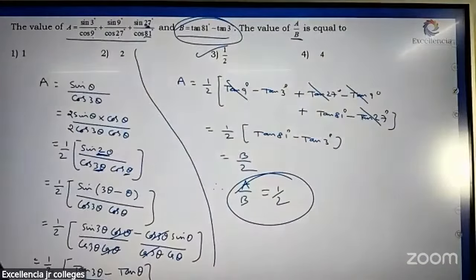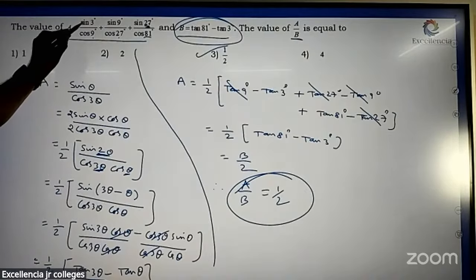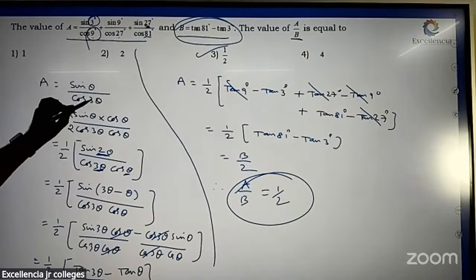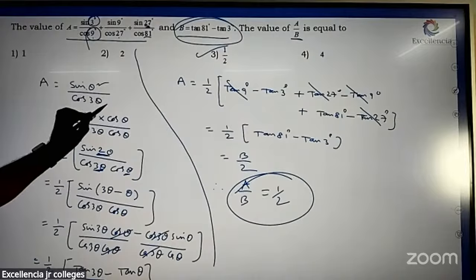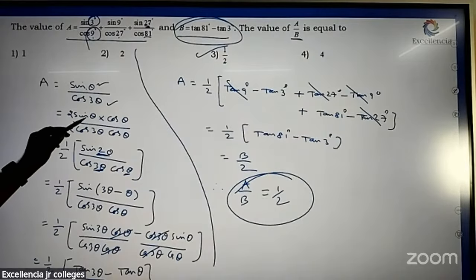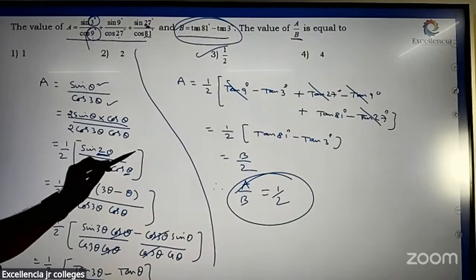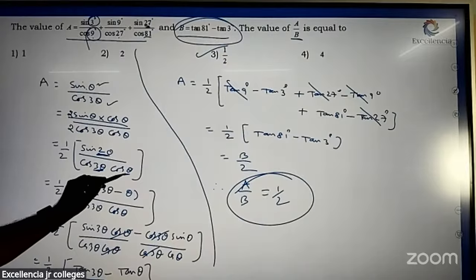Here in this question, what we did is apply simple trigonometric transformations once again. When I take this as theta, no doubt this is 3 theta. It is of the form sin theta by cos 3 theta. Multiply numerator and denominator with 2 cos theta, then 1 by 2 outside, it is nothing but sin 2 theta over cos 3 theta cos theta.